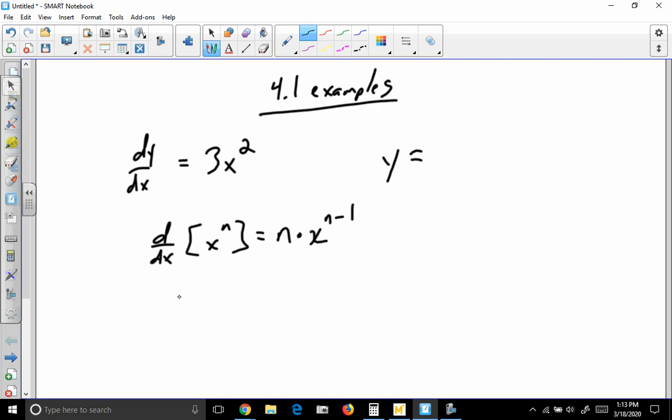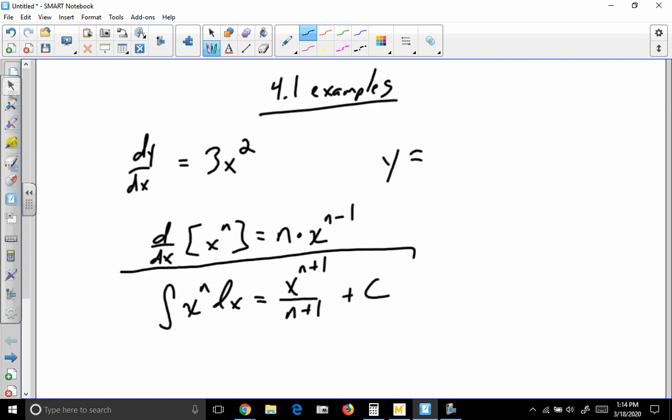But for our antiderivative, and we use this symbol for an antiderivative, instead of multiplying, we're going to divide, and instead of decreasing our exponent, we're going to increase our exponent. So after we increase our exponent, then we divide by whatever that exponent is. And then we add an arbitrary constant, and we'll talk about that in just a second.